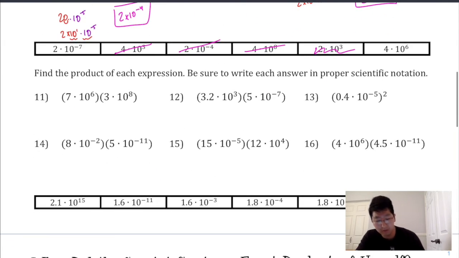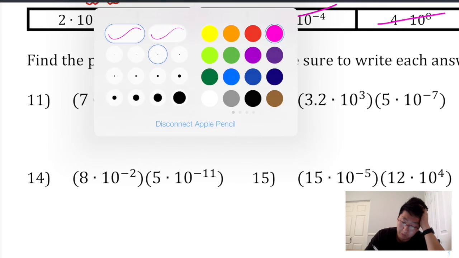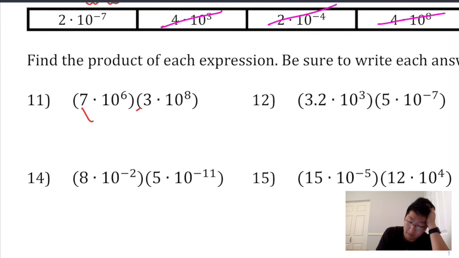Right here, these are just review problems. 7 times 10 to the 6th times 3 times 10 to the 8th. All right. So here, multiply the numbers. 7 times 3 is 21. Combine the powers.